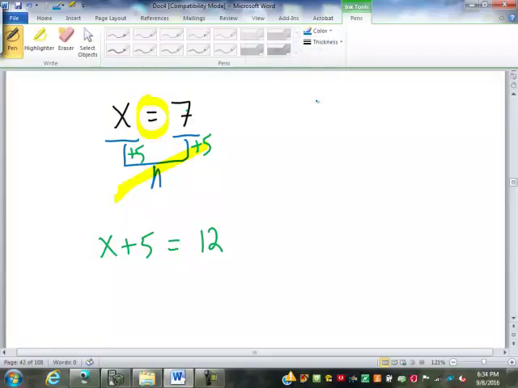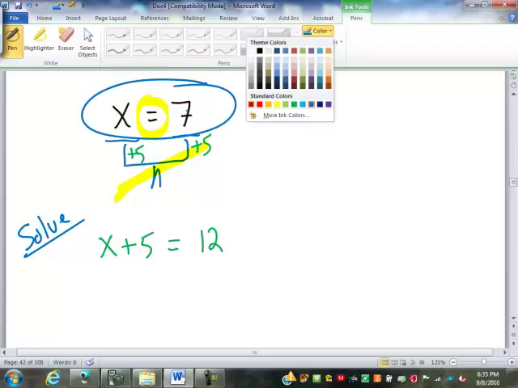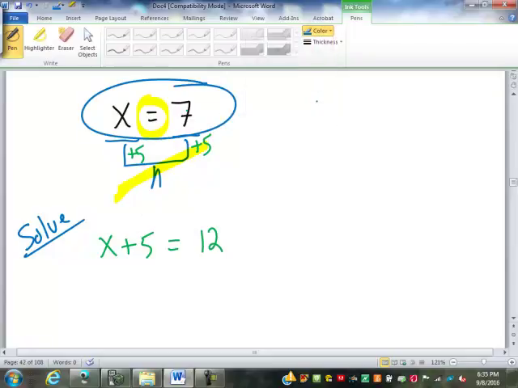Now, most of the time, what we're going to do is not building equations, but solving equations. If you're given the command to solve, and you're given an equation like that, what it's asking you to do is to reverse this process. Take it back apart and get back to that point right there. Well, this equation was built by adding 5, so how are we going to take that apart?